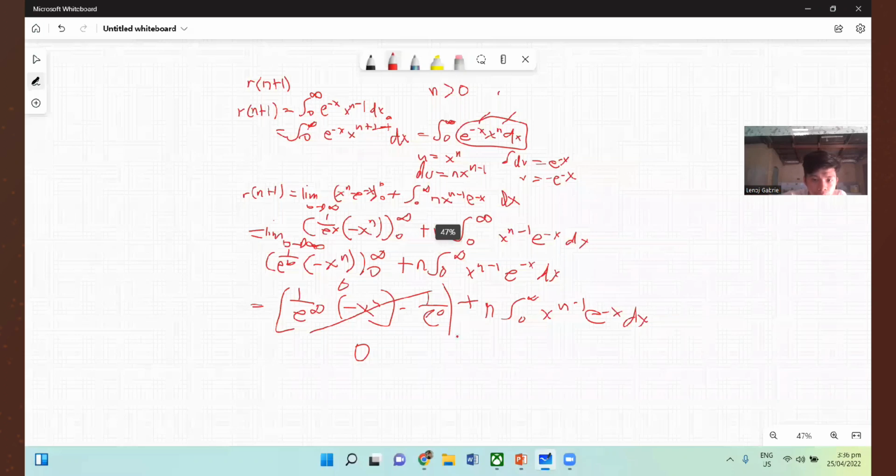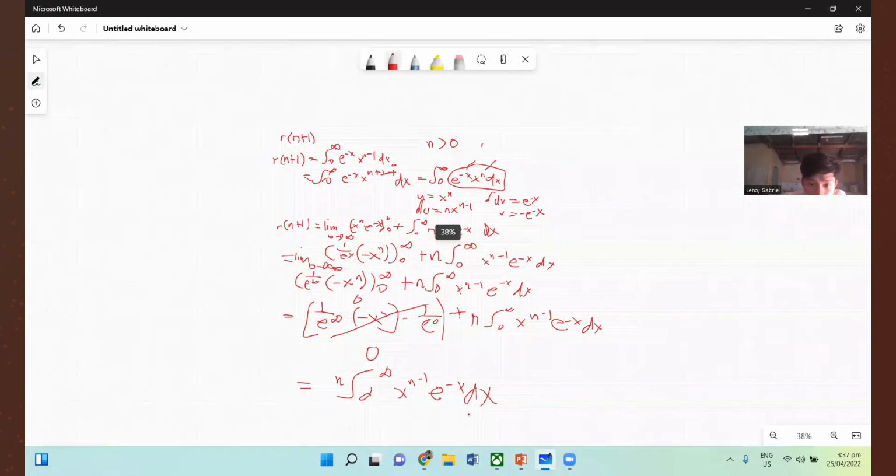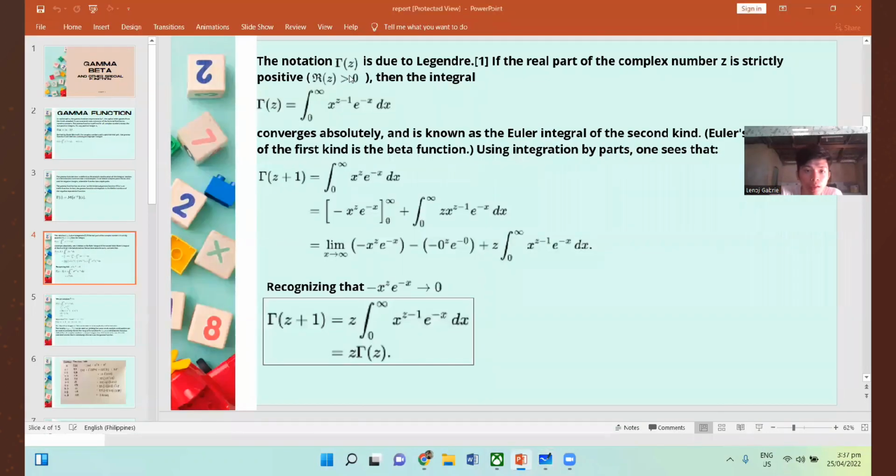So we are now having n integral from 0 to infinity x^(n-1) e^(-x) dx, where this formula x^(n-1) e^(-x) dx is equal to this formula.